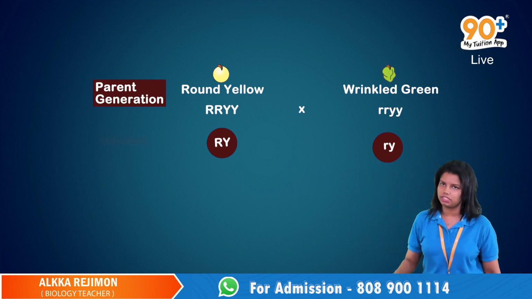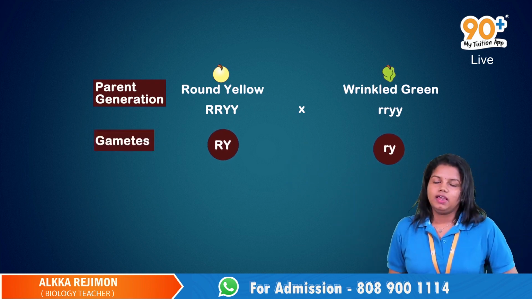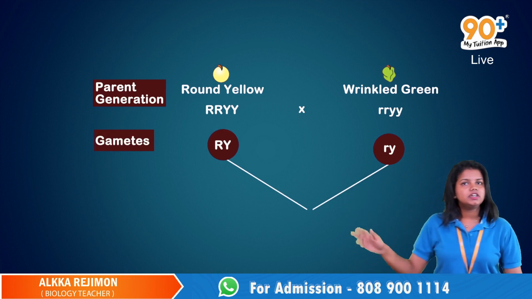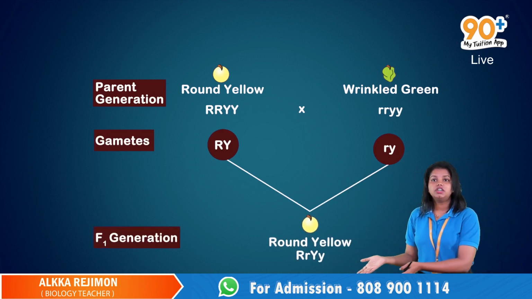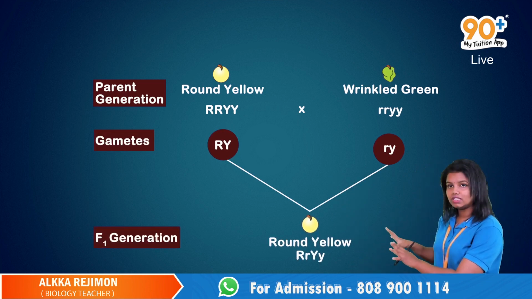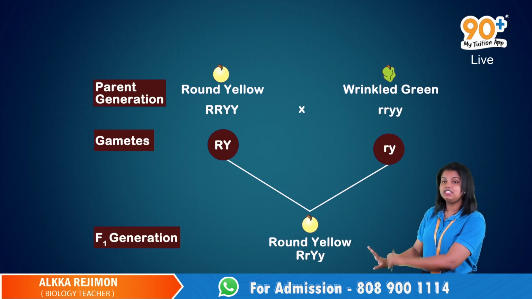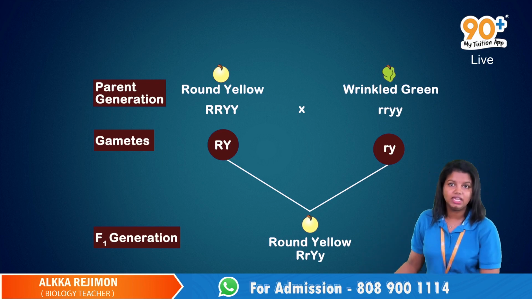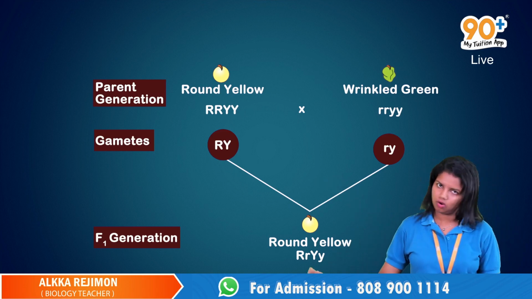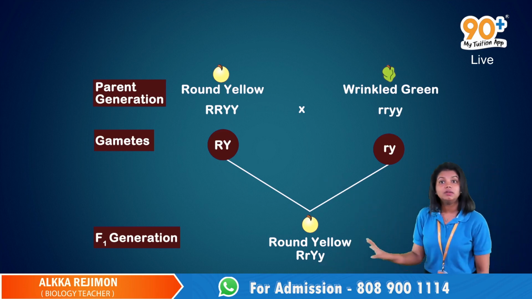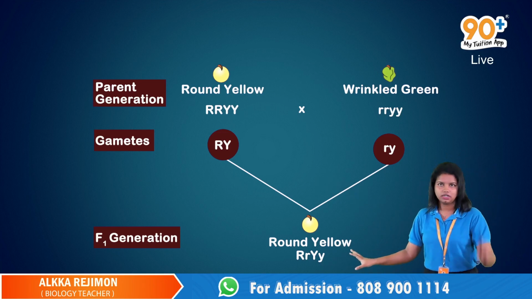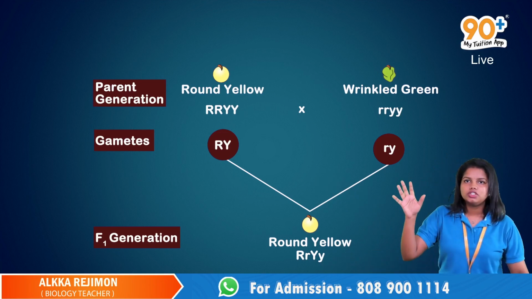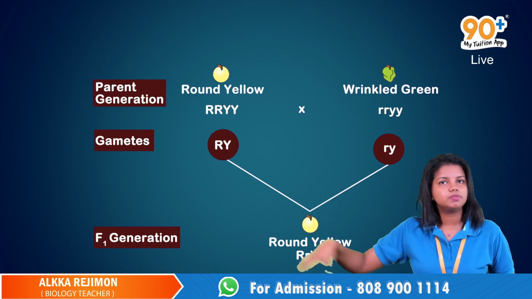These gametes are crossed with each other to get the offspring with this genotype, that is capital R small r capital Y small y, which is a round yellow offspring. It is round yellow, but in a heterozygous condition. Not at all homozygous. So this is the first step, which is cross pollination.